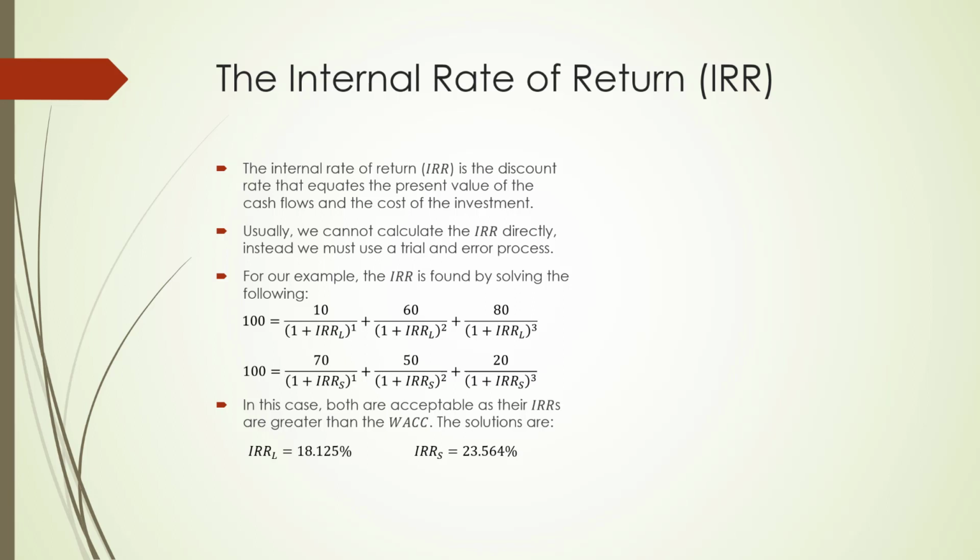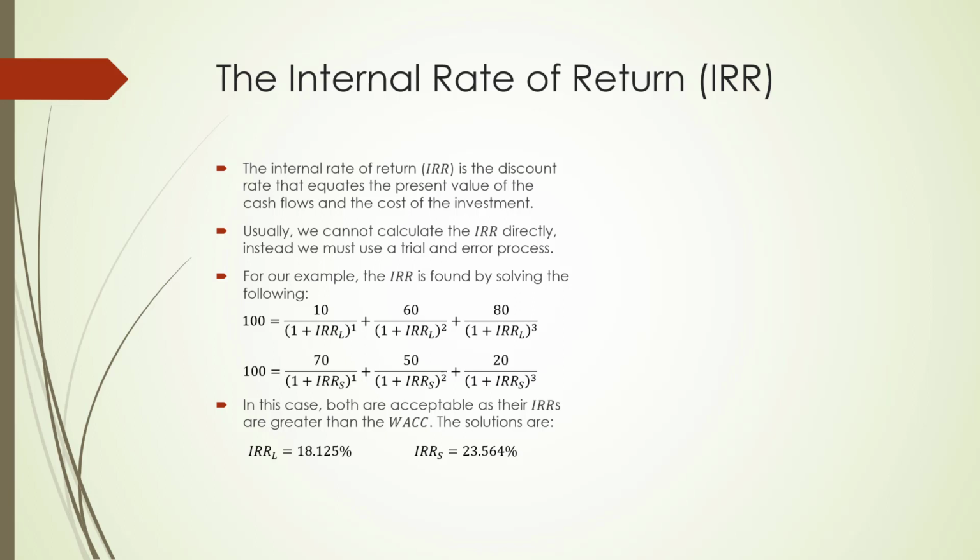Now, one of the problems with the IRR is that there is no formula to solve for it directly. Instead, we have to use a trial and error process. And you can see in the formulas here the way that we set this up. We have the initial outlay on the left, and we set that equal to the present value of the cash flows, but we have to find that discount rate.